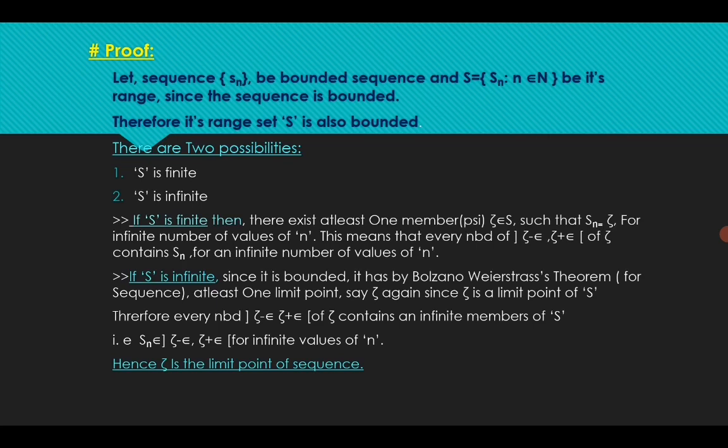Again, since xi is a limit point of S, every neighborhood, the open interval (xi minus epsilon, xi plus epsilon) of xi, contains an infinite number of members of S, that is, Sn belongs to the open interval (xi minus epsilon, xi plus epsilon) for infinite values of n. Hence, xi is a limit point of the sequence. Here we have proved the Bolzano-Weierstrass theorem.